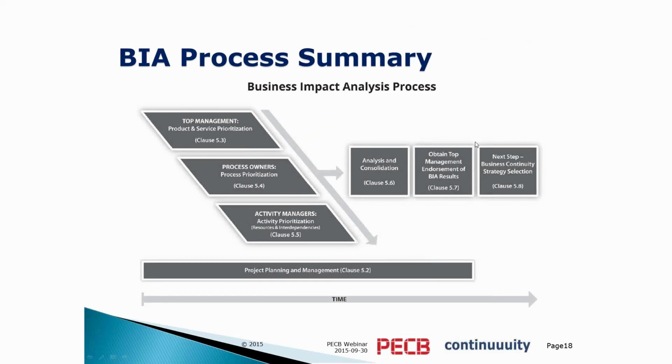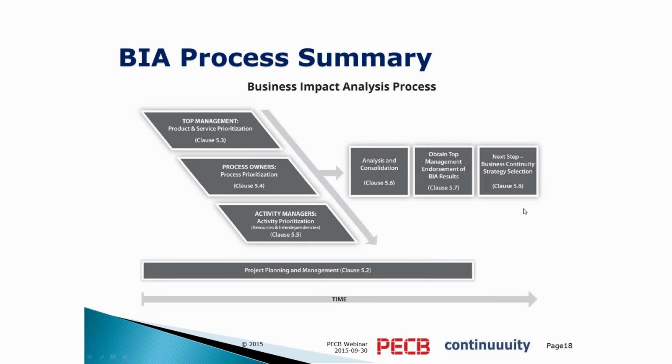And in 5.8, we also see an outlook on the next step, which is continuity strategy selection. It might well be the case that a certain strategy is selected after the BIA, but it might be the case that we have to go back and redo part of the BIA because of certain limitations.